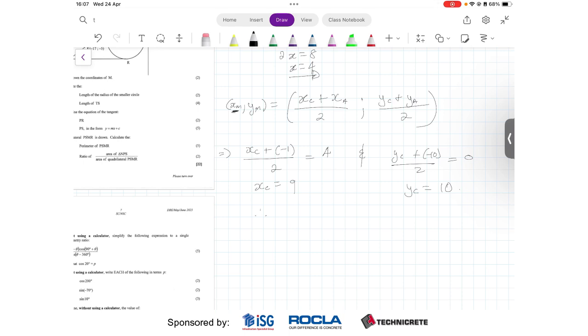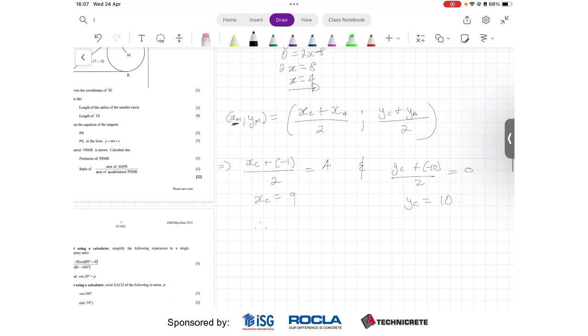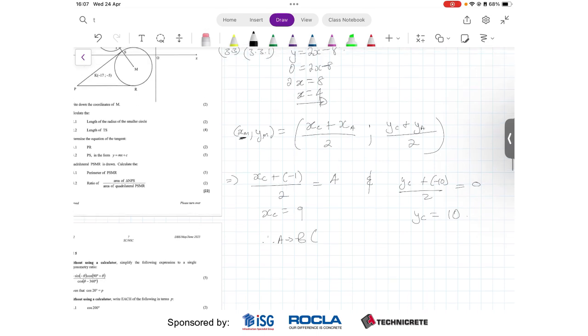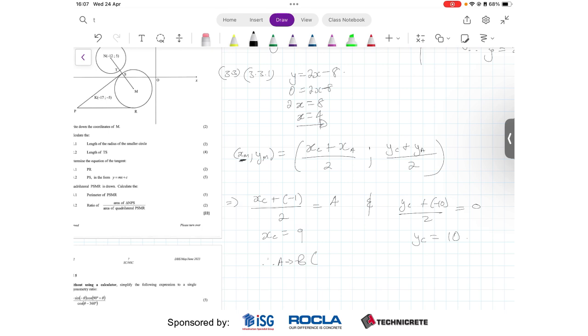Therefore, from A to B, xy becomes x plus 5, y plus 10.